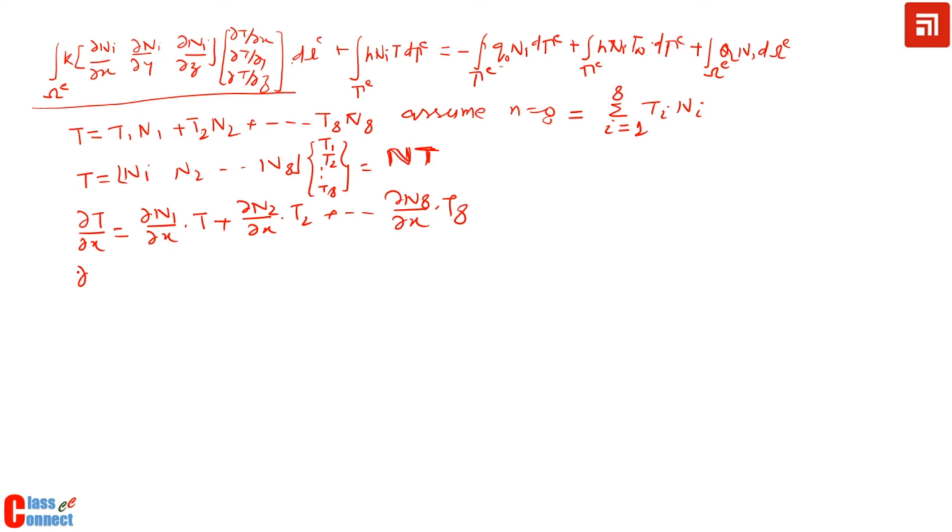And similarly I can write for del T over del Y, that is del n1 over del Y and up to del n8 over del Y T8, and the third term, that is del T over del Z, and this is equal to del n1.